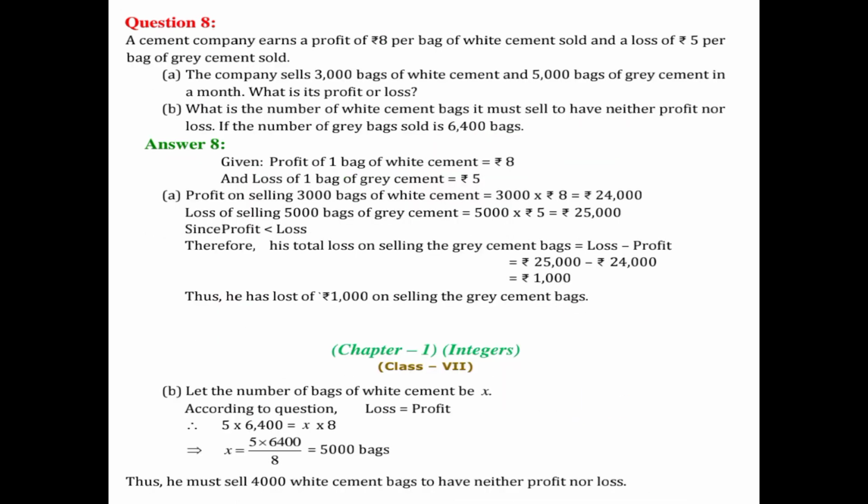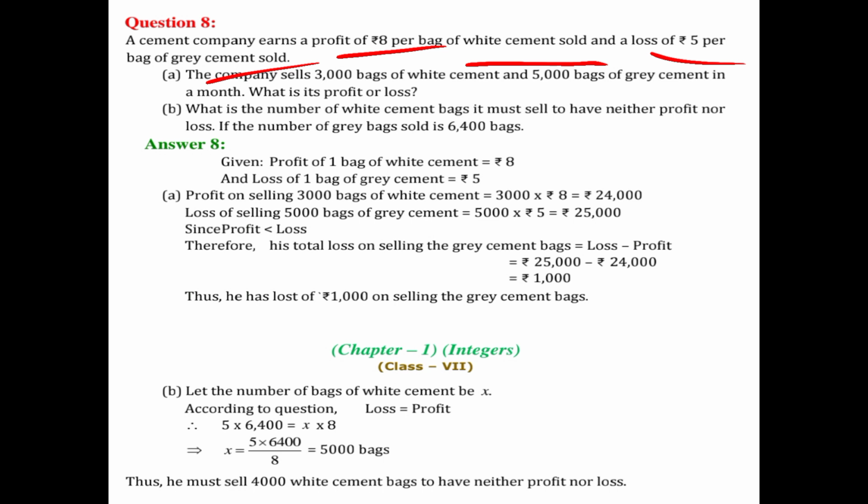Let's now move to the second question. Question number 8. A cement company earns a profit of rupees 8 per bag of white cement sold and a loss of rupees 5 per bag of grey cement. So about a cement company, what happens?